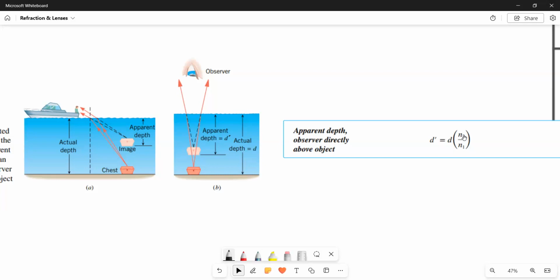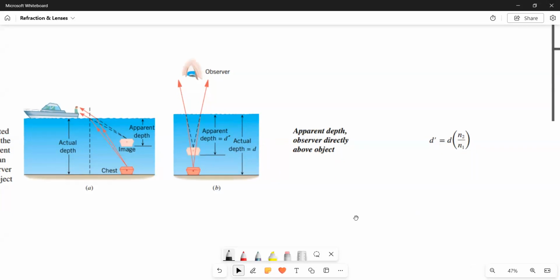So this is a formula connecting the real depth with the apparent depth, making use of the refractive indices of the two media. Most of the time you're talking about water and air. You can also talk about air and what else? You might be looking into a container containing some clear substance, methylated oil, and so on. So remember this formula, a good formula to remember to calculate apparent depth.